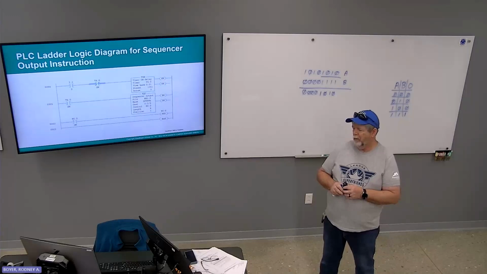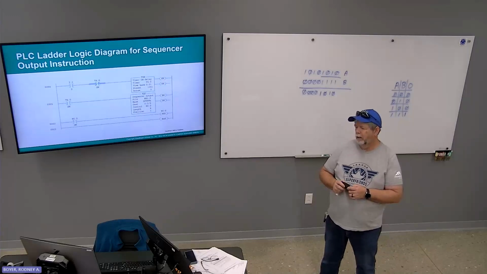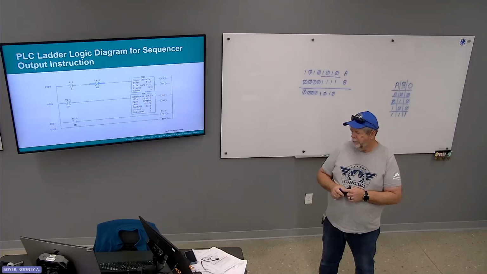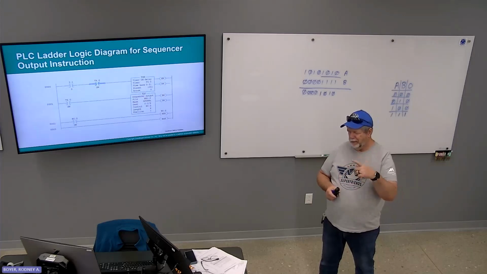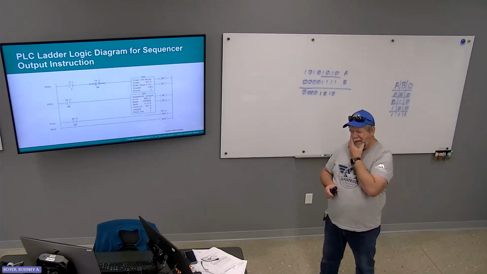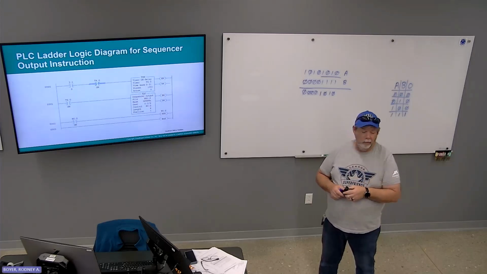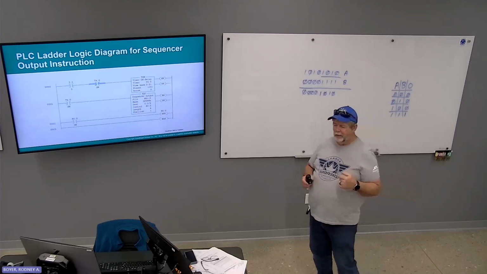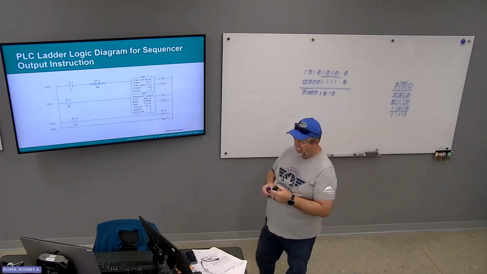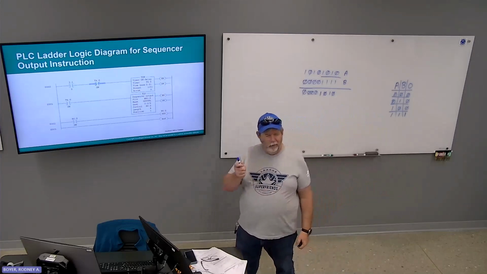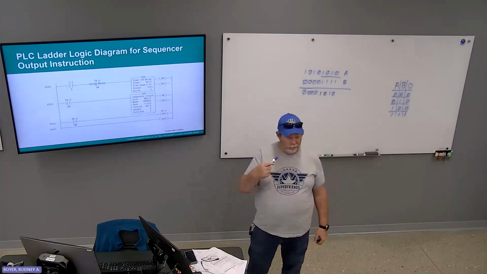Ladder diagram for sequencer output. It's a 1 second timer. Every time the timer gets done, it increments the sequencer. On the sequencer, it has to see a false to true transition in order for it to increment.